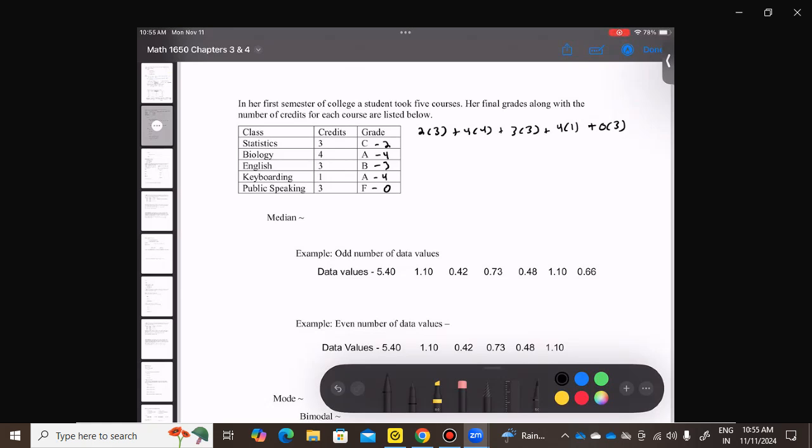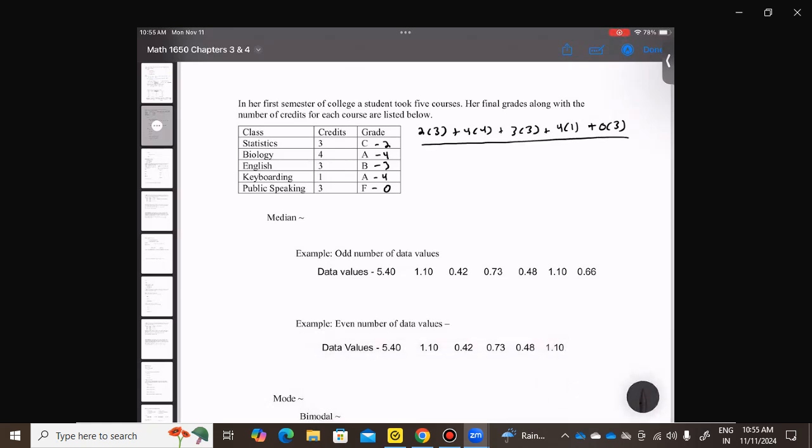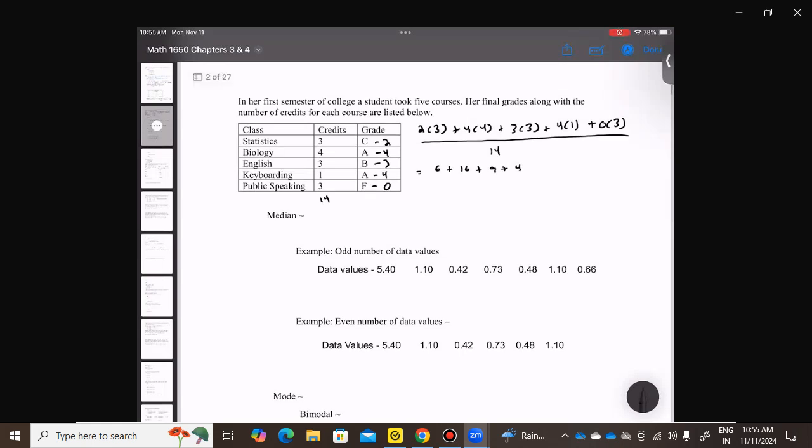And we're taking this out of the total number of credits, which would be 7, 10, 14. And so we get 6 plus 16 plus 9 plus 4, and 0 times 3 is 0, over 14. So it would be 35 over 14, which is looking after that semester at a GPA that is 2.5. So that's a third way of calculating a mean, depending on how the data is presented.